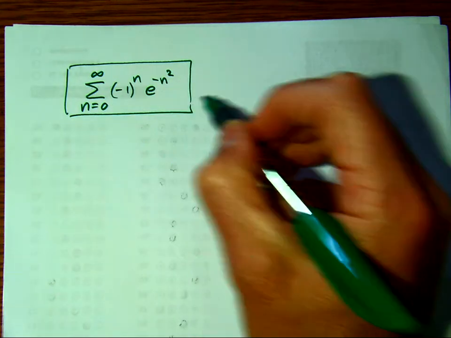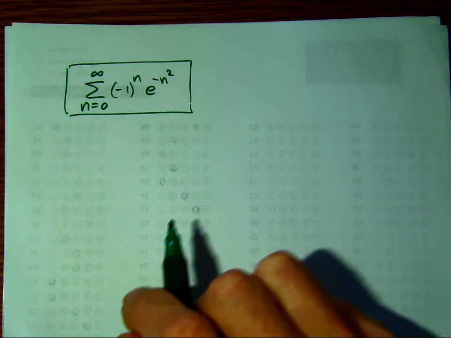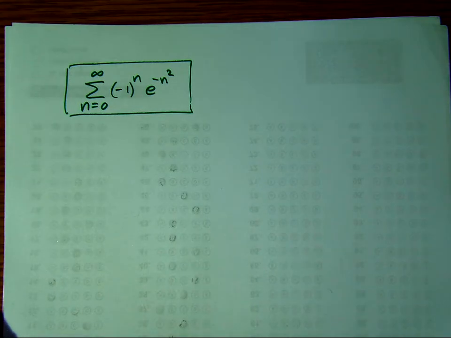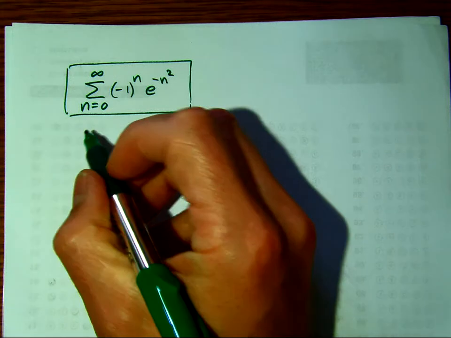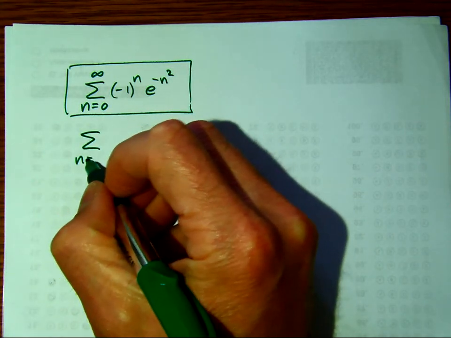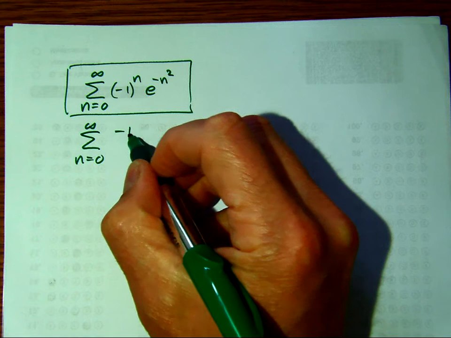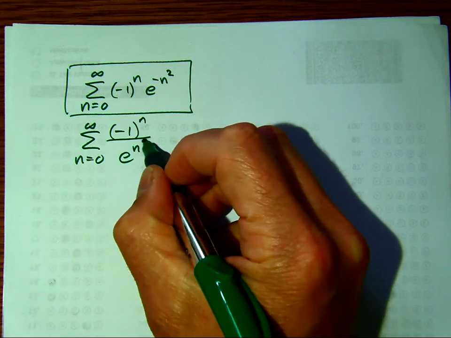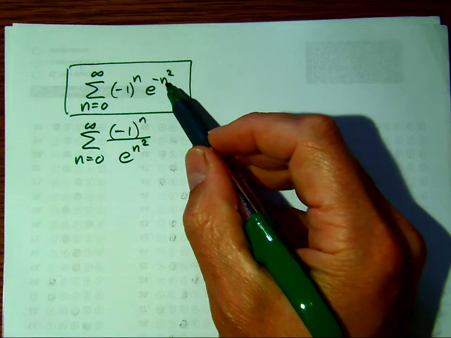All right, and when you do this one, remember to rewrite that as a fraction. That'll be easier to see. Pause the video and try that. Negative exponent, we're going to put that in the denominator.